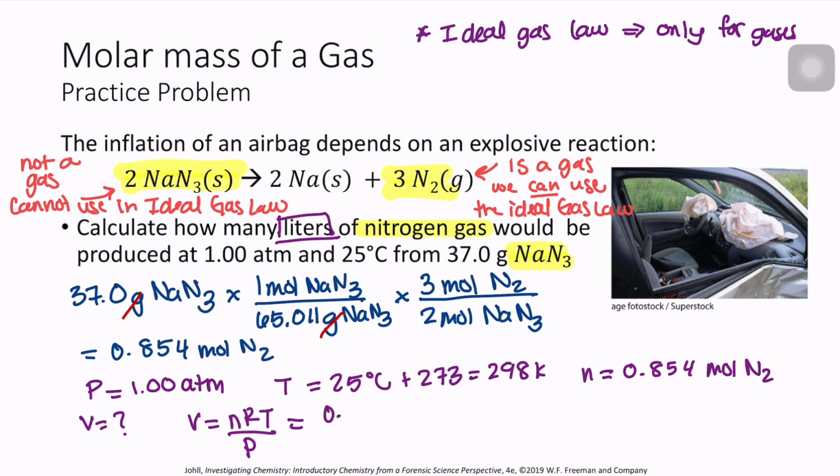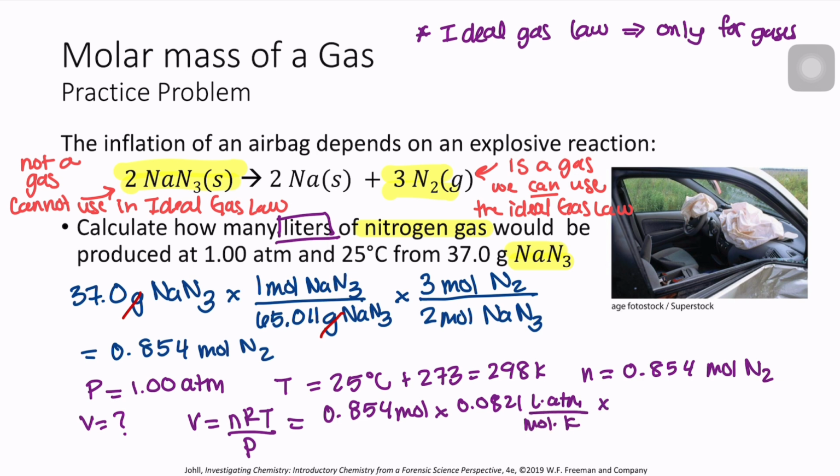So our moles is 0.854 times R, 0.0821 liters times atmospheres over moles times Kelvin.